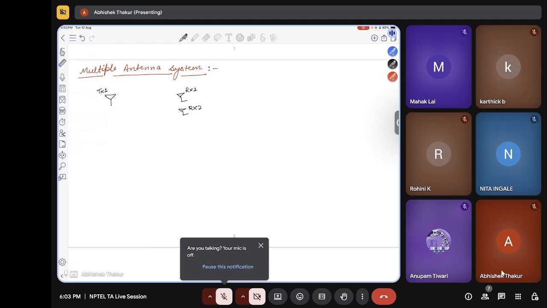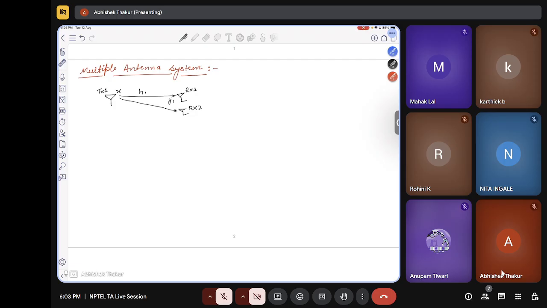Here the symbol X is transmitted through the channel H1, and the received symbol is Y1, after adding the noise in the channel medium, and this is the H2 vector and the received symbol is Y2.